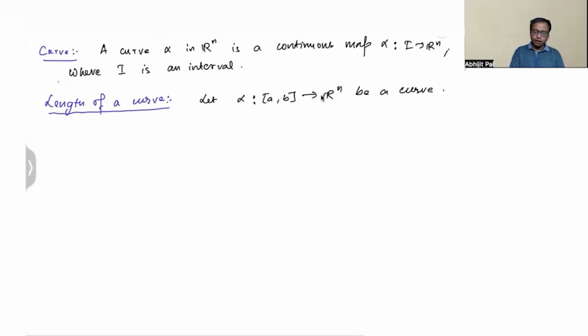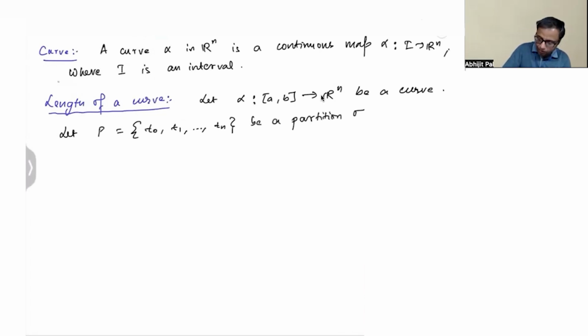Now we are going to take a partition of this closed interval AB. Let P = {T0, T1, ..., Tn} be a partition of this closed interval AB.